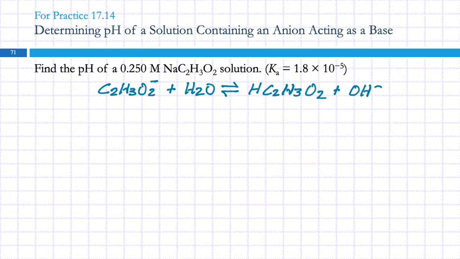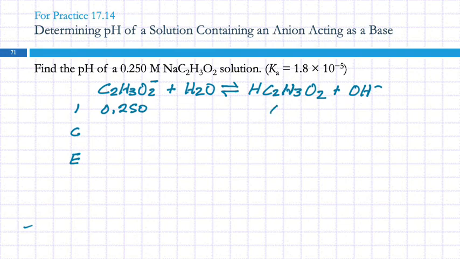So to find the pH of this, we're going to need to make an ICE table. So in 1 mole of sodium acetate, there's 1 mole of acetate ions. So the acetate ion concentration is just the 0.250 to start with. And what would be our acetic acid concentration initially? 0.